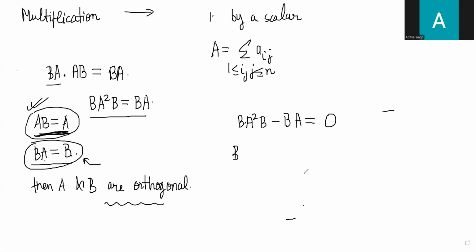What we have is A plus B is equal to AB plus BA. So A plus B is AB plus BA.